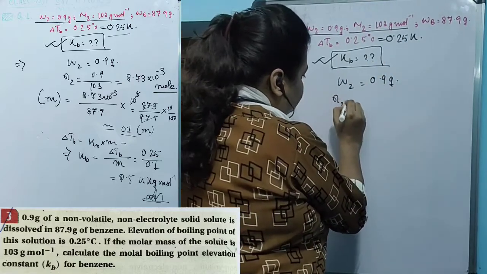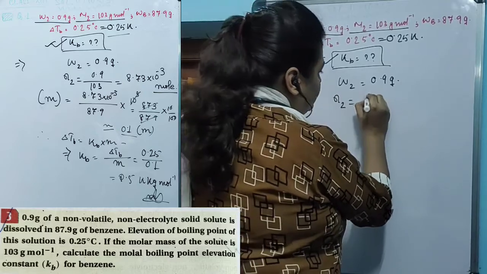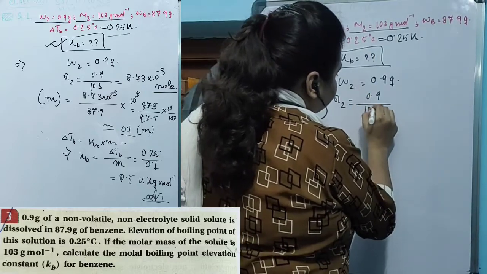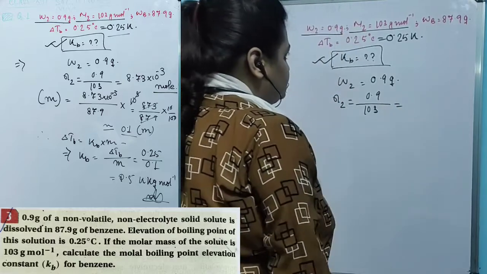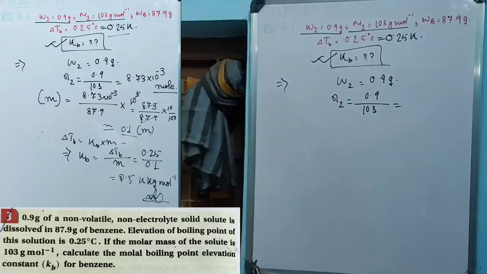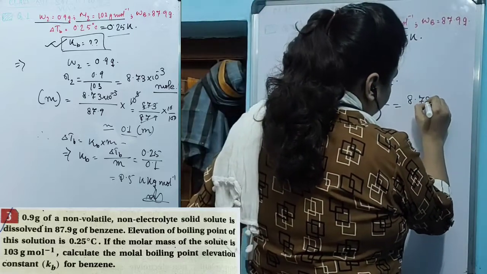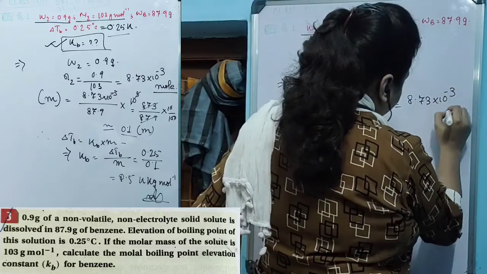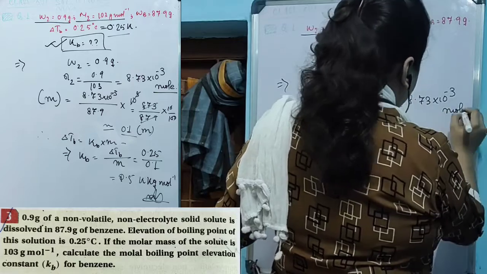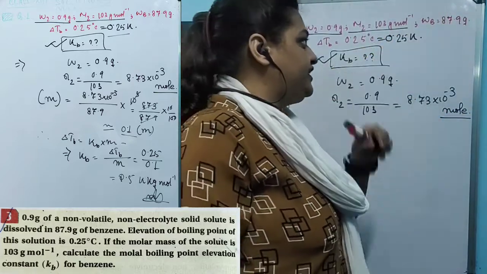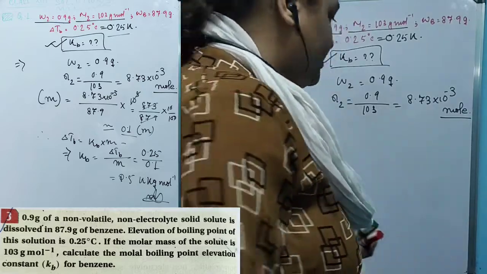Therefore we can easily calculate the mole number of the solute by 0.9 divided by the molecular mass, 103, and the answer will be 8.73 into 10 to the power minus 3 mole. So this is the mole number of the solute that has been dissolved in 87.9 gram of benzene.